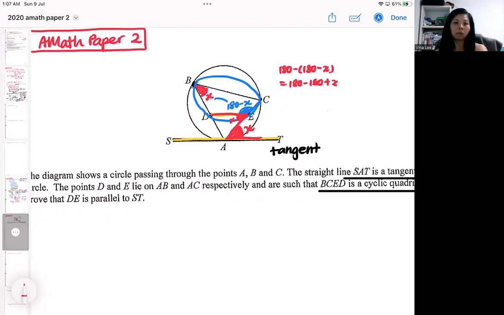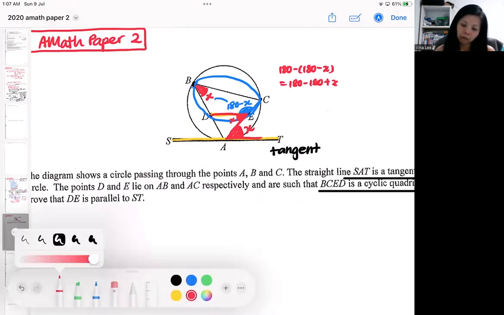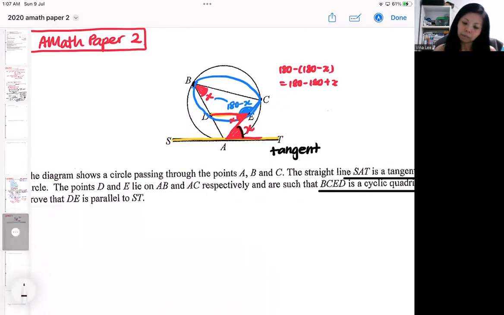If you look at the plan, I started off with EAT, letting this be x.